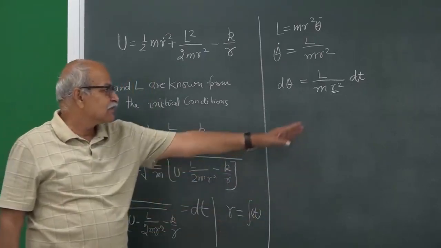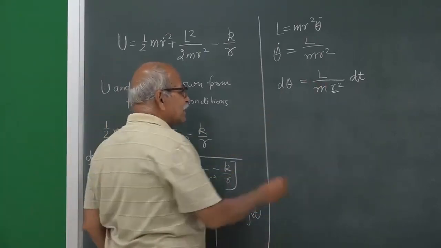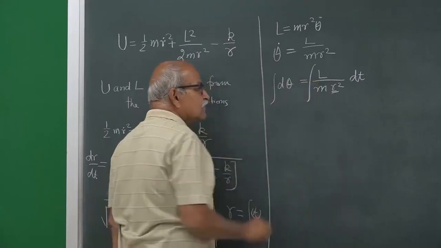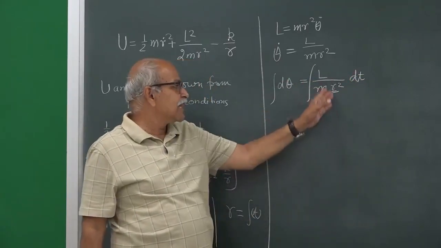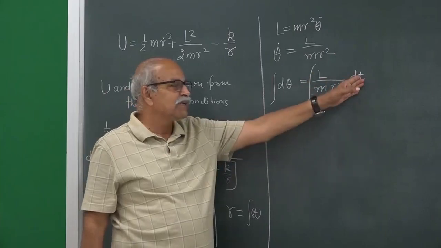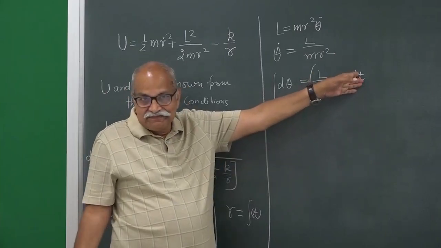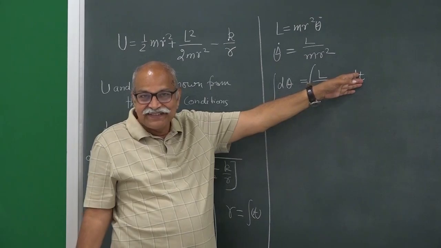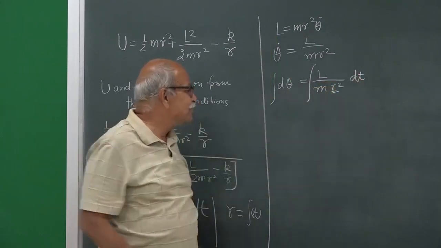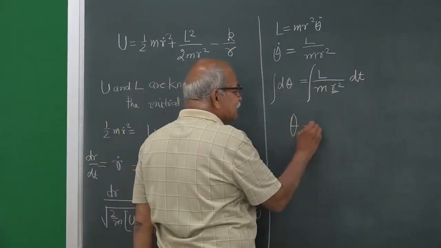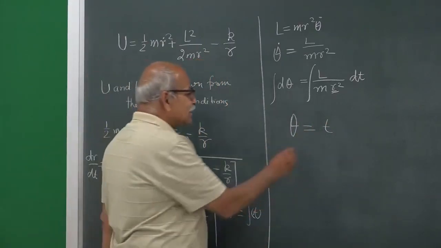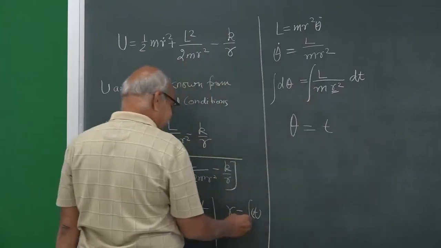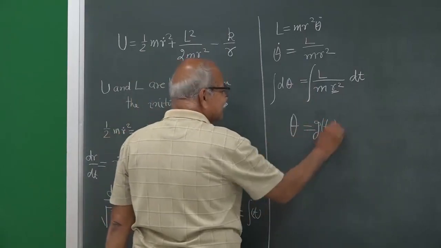Once again, it is a matter of integration. You have dt here, you have a function of time to be integrated with respect to time. It is a calculus matter. So, do it. Once you do it, you get theta as a function of time. All right. So, this is f of t, let us call it g of t.